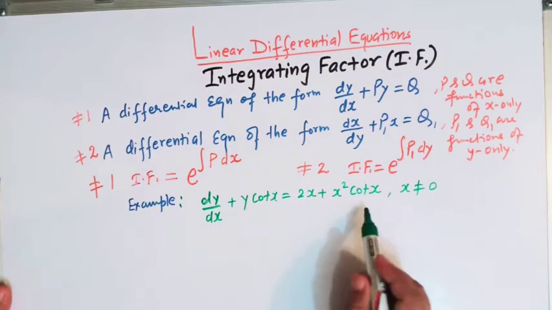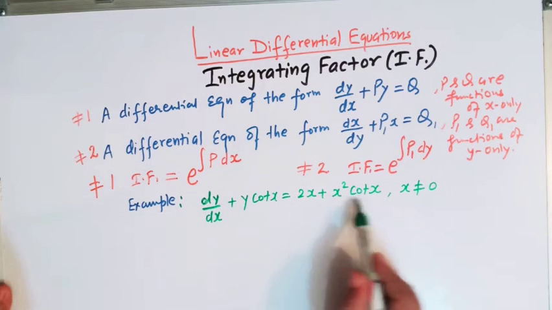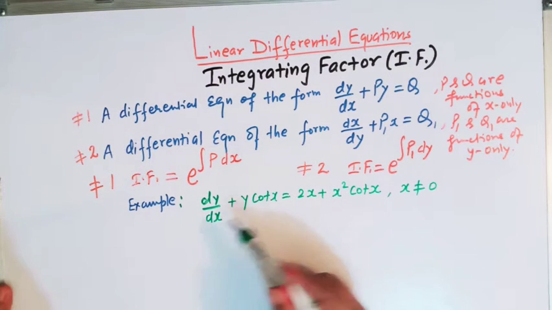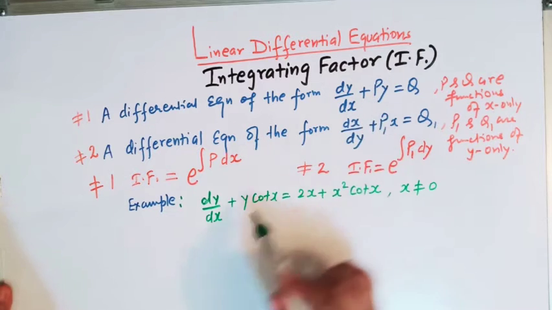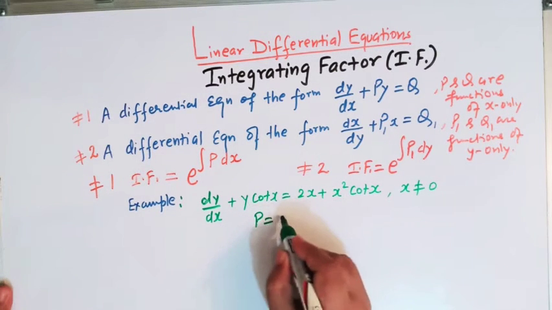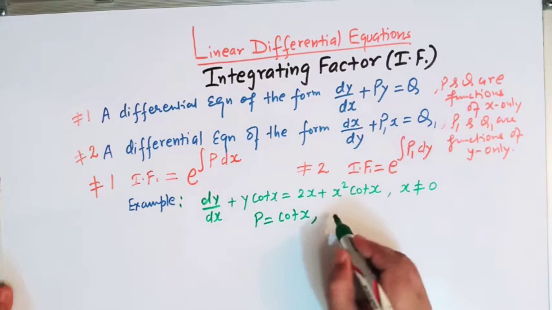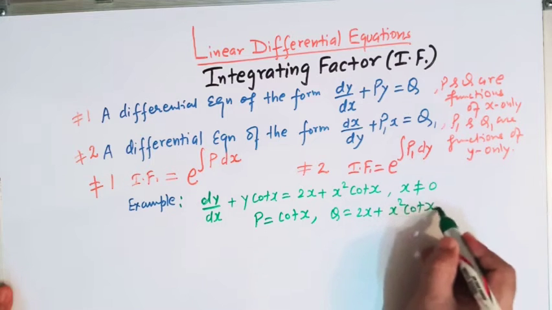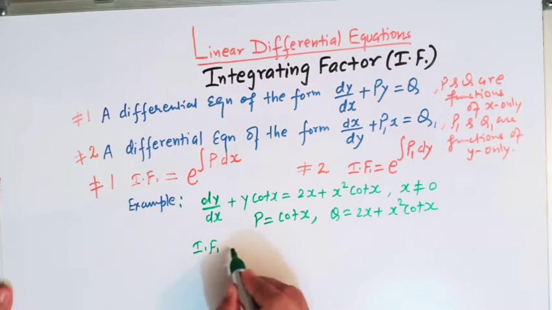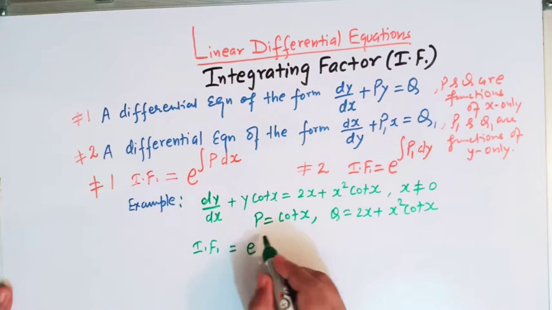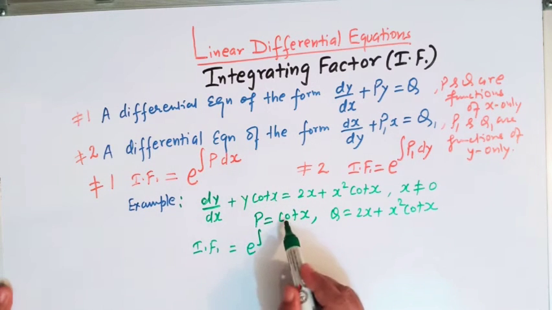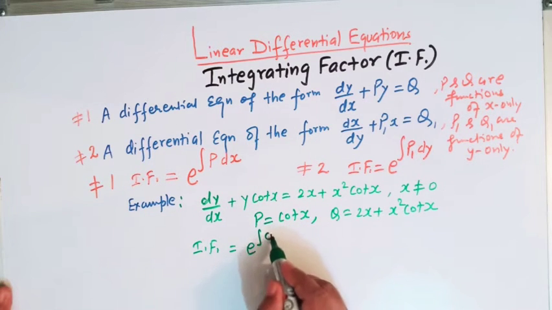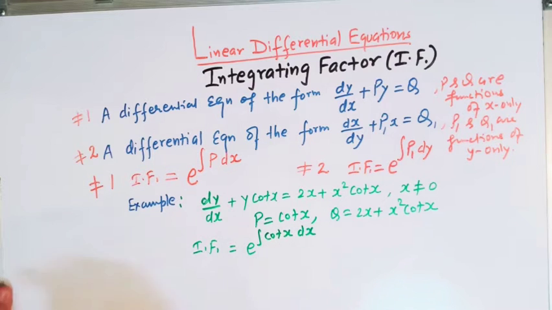Now let us take this problem. Here we have this differential equation, and if we compare this equation with the standard form, then we see that the value of P is cot x, right? And the value of Q is 2x + x square cot x. Now the integrating factor is given by e raised to the integral of P dx, so we have e raised to the integral of cot x dx, right?